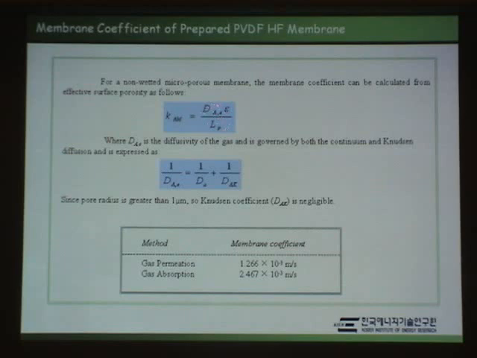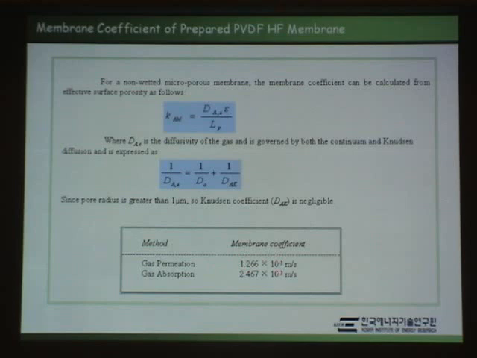And here this diffusivity is a combination of continuum and Knudsen diffusion, but in our case the size of the pore is greater than 1 micrometer, so the contribution of the second term is neglected. So directly we can find the diffusivity multiplied by the gas permeation data, and we can find the membrane coefficient.